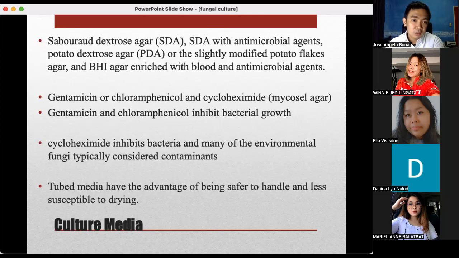But another is your tube media, it has the advantage of being safer to handle and less susceptible to drying. So ito po yung mga screw top tubes natin that are used for culture. Again, this is preferred since it offers less hazard and reduced dehydration of media. So the chance for the release of your airborne conidia is less likely with your tube media.